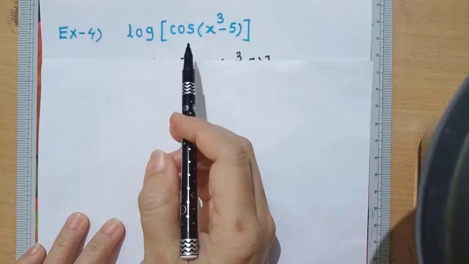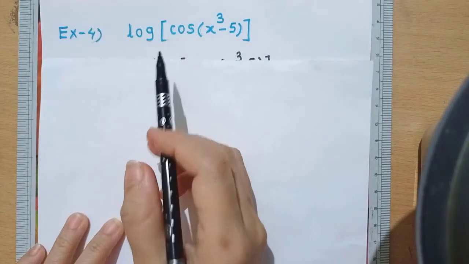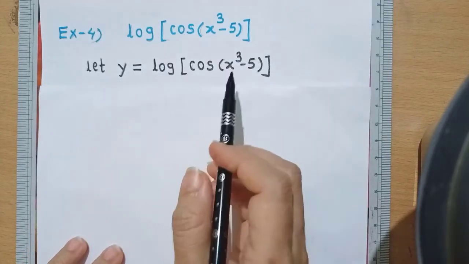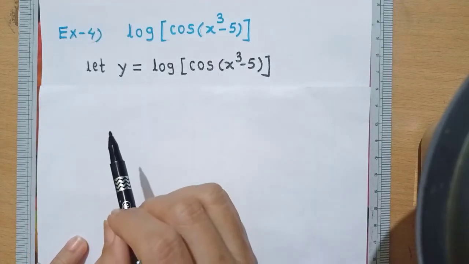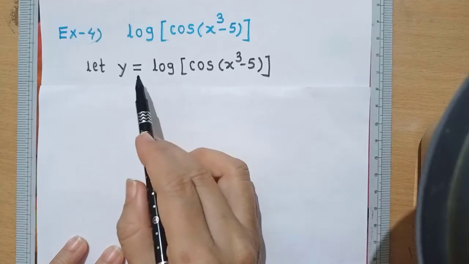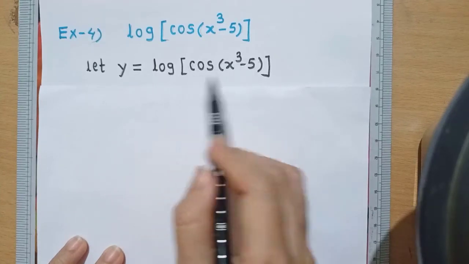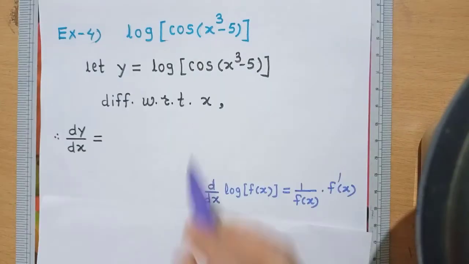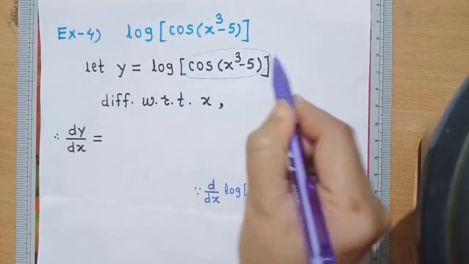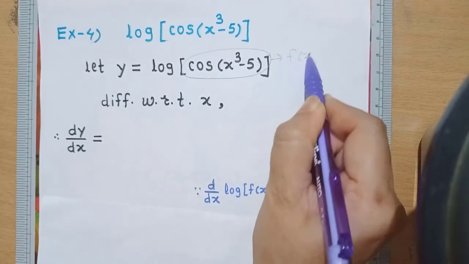Now let's solve this example, and as usual our first step is let y is equal to this given function. Now we will use here the log of f(x) formula. We will consider this whole bracket as f of x.